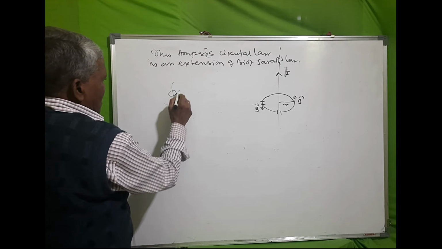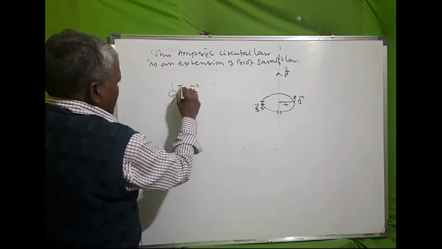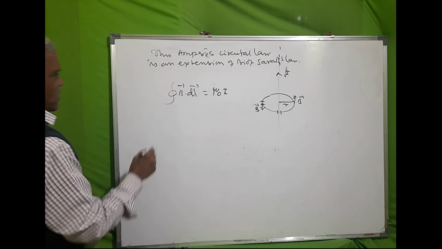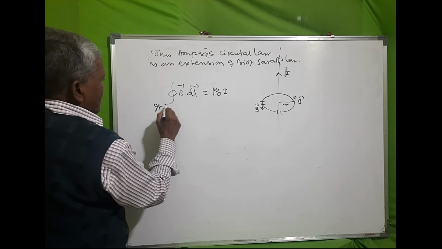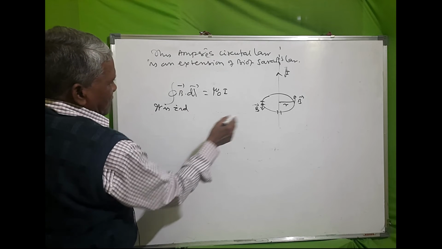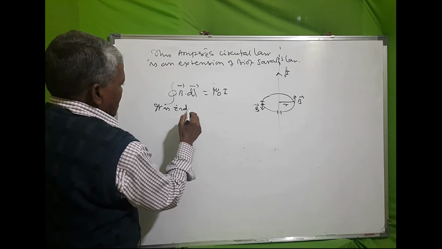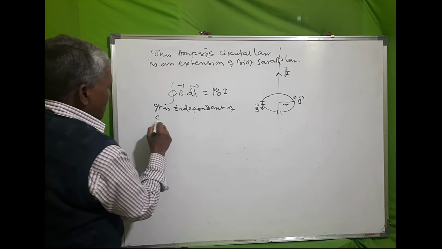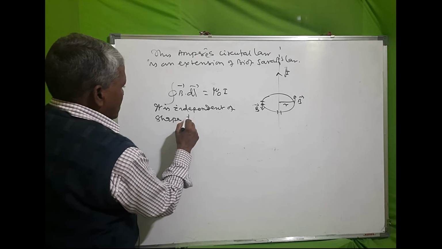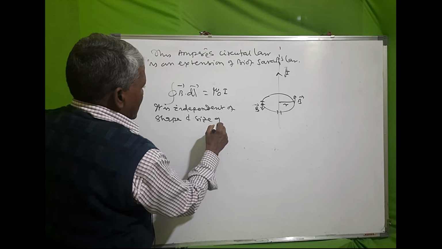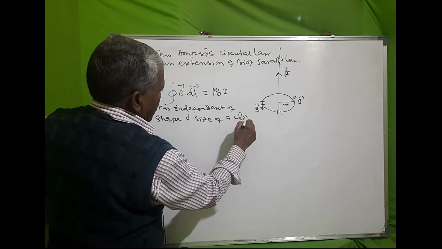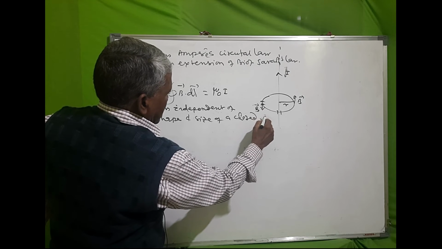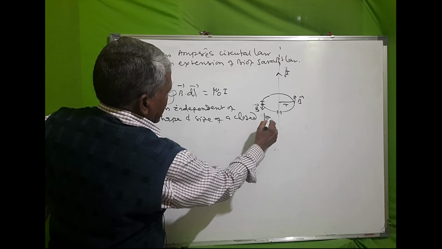So in Ampere's circuital law, it is observed that this statement is independent of the shape and size of the closed loop or path.